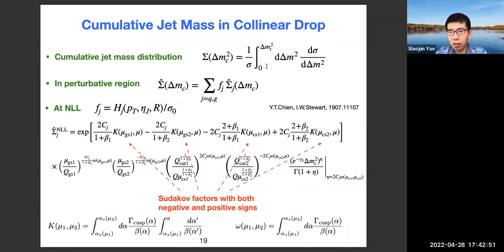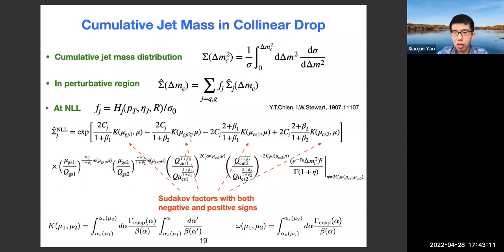And here, instead of showing the differential jet mass distributions, I show you the cumulative distributions. So basically, we integrate the differential distributions from 0 to some cutoff mass, delta m_c squared. And this is the factorization formula for the cumulative distributions.